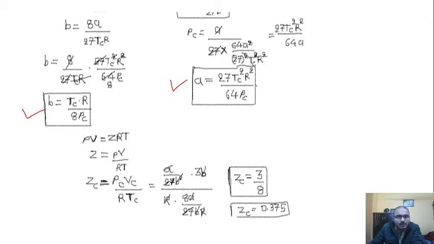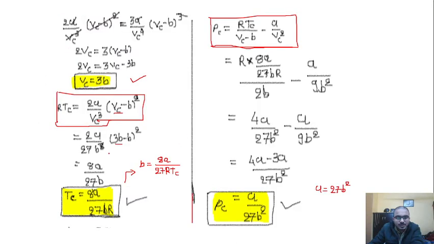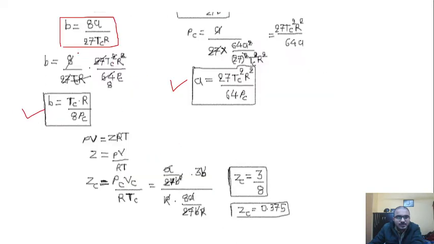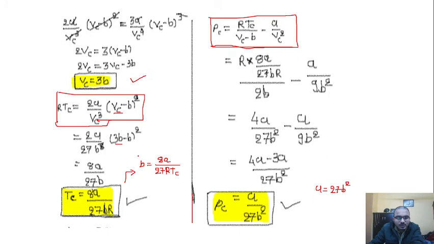Okay. So here we will keep it up to this, that is b is obtained here as this. Based on this equation, up to this we are okay.